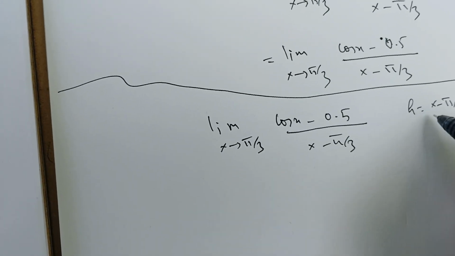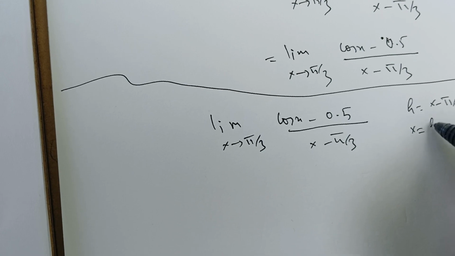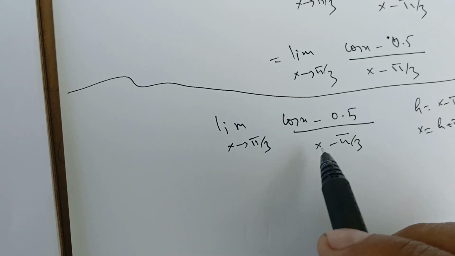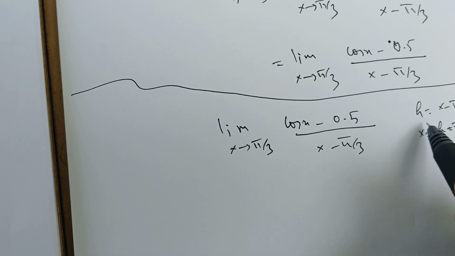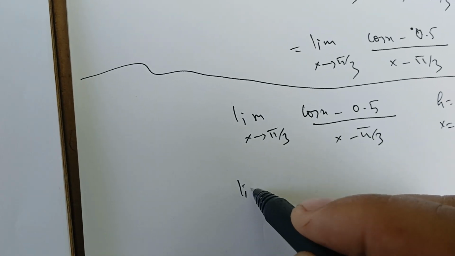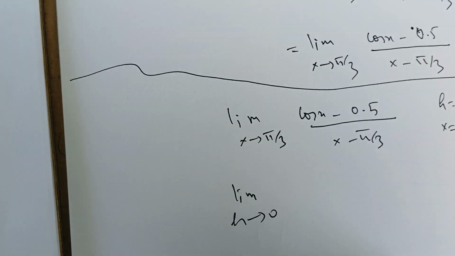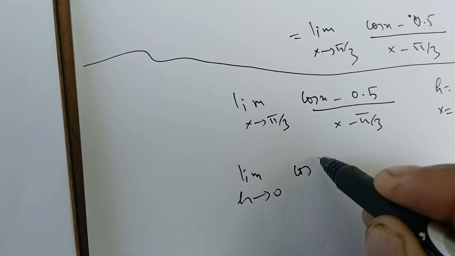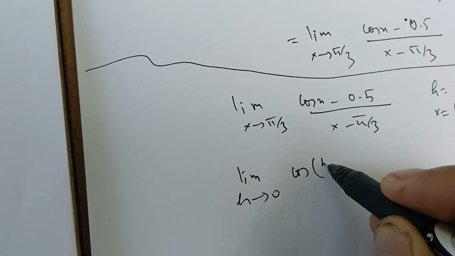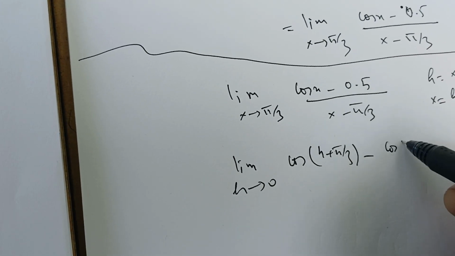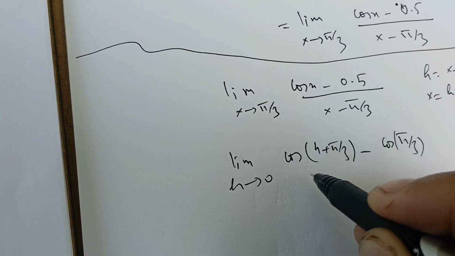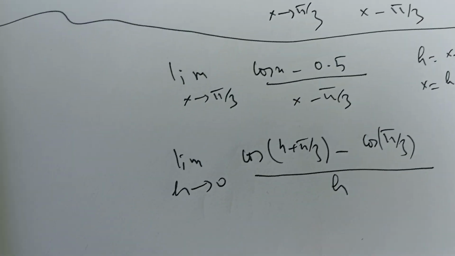This lets us have x equal to h plus pi over 3. So when x goes to pi over 3, h goes to 0. So we have the limit as h goes to 0 of (cosine of (h plus pi over 3) minus cosine of pi over 3) over h.